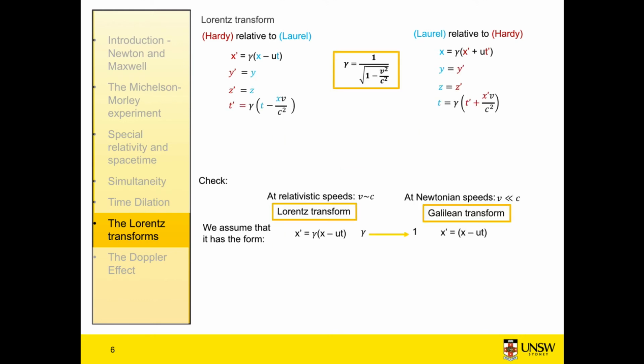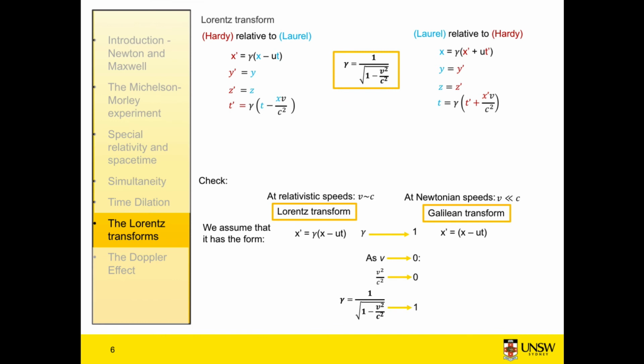The last thing we need to do is check that our gamma actually satisfies the requirements of the Lorentz transform, which is that at low speeds, our Lorentz transform approaches our Galilean transform. So we need to find that our gamma approaches 1. As our velocity approaches 0, v squared on c squared is also approaching 0.